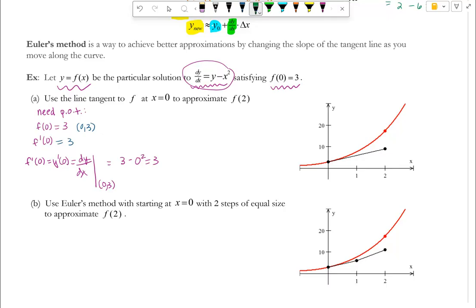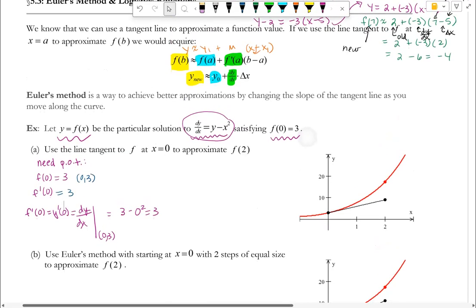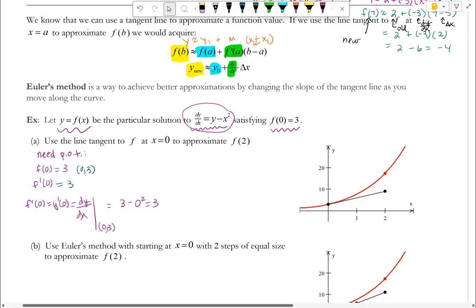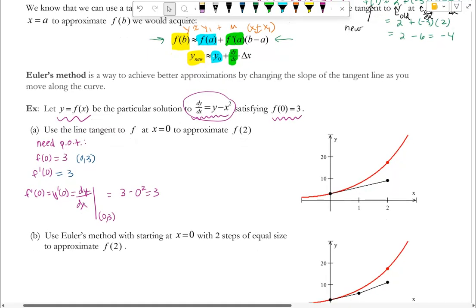So again, using our tangent line equation, there are so many ways we could write this. We could do like y minus y1 equals m times x minus x1. I'm going to do the version of it that looks most like this. This will make it a little easier to transfer to Euler's method. So I'm going to say that the y that I'm looking for, in my tangent line, that's just going to be y, that's equal to my original known y value, so my y sub 1. So remember, this is x sub 1, y sub 1.